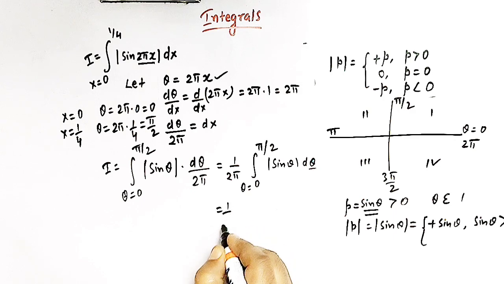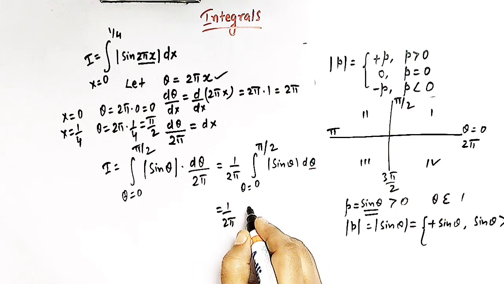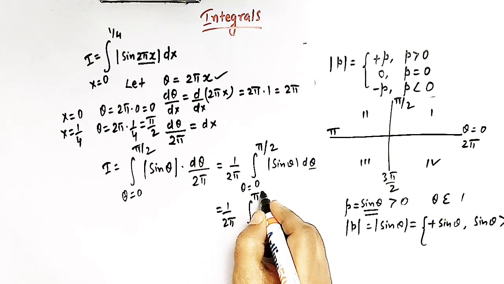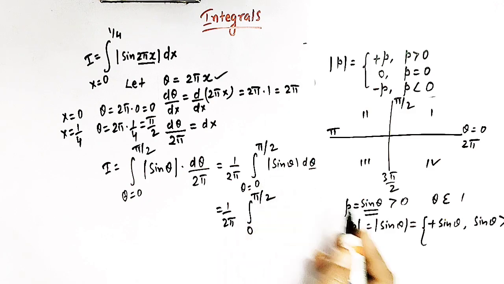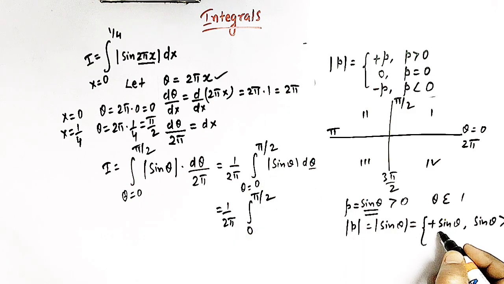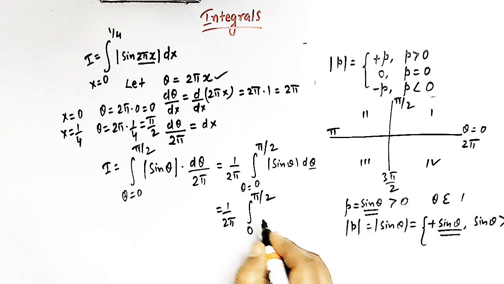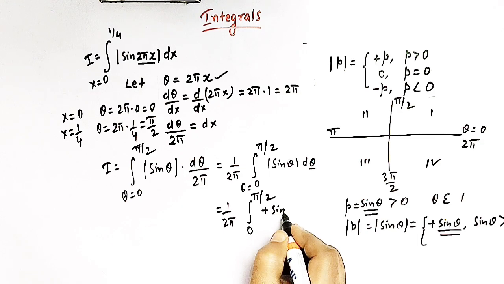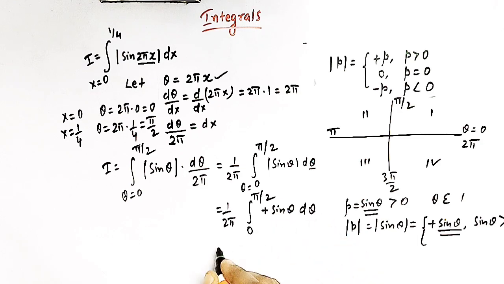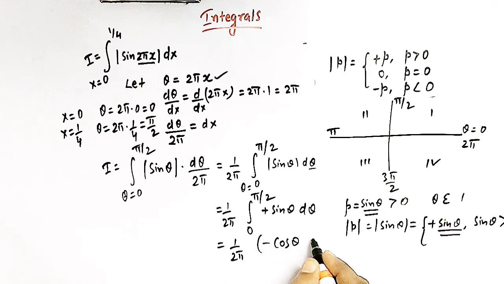So now we have 1 over 2 pi, and we have 0 to pi by 2, and mod of sine theta can be replaced by positive sine theta here, and the integral of sine theta is the negative cos theta, and limits are from 0 to pi by 2, right?